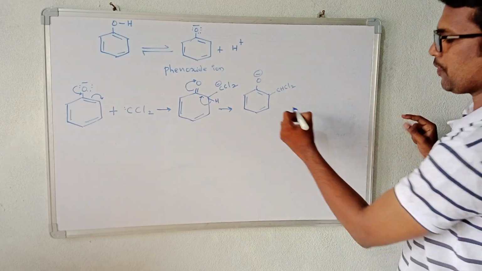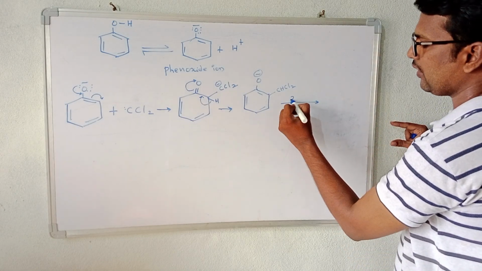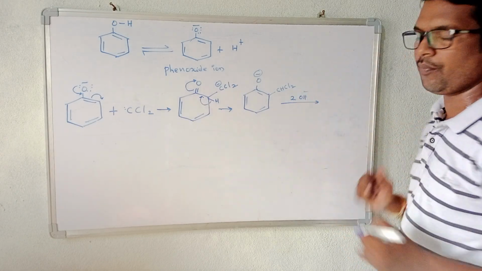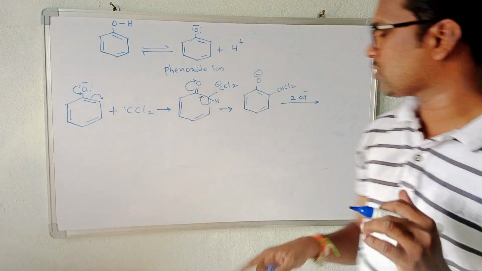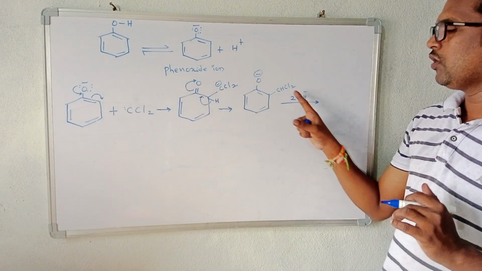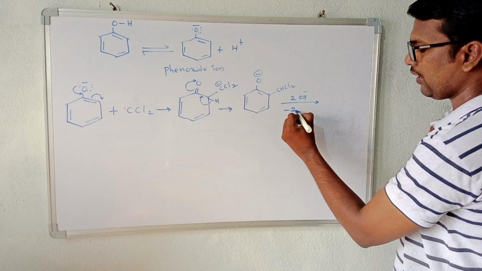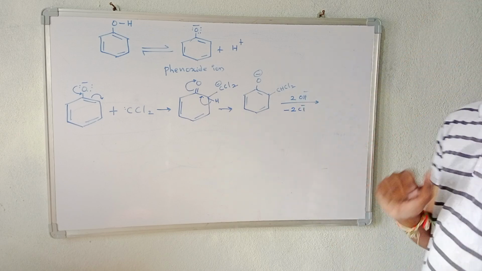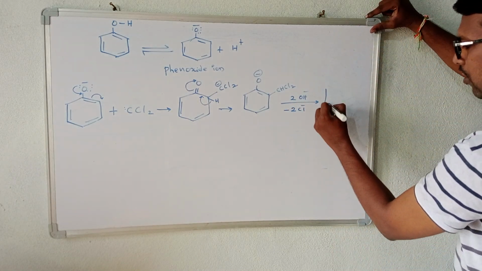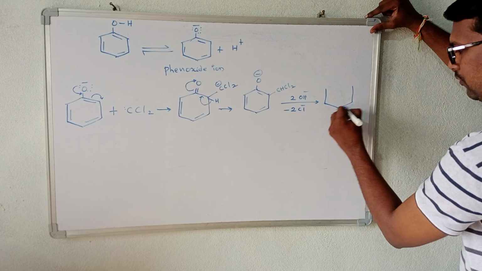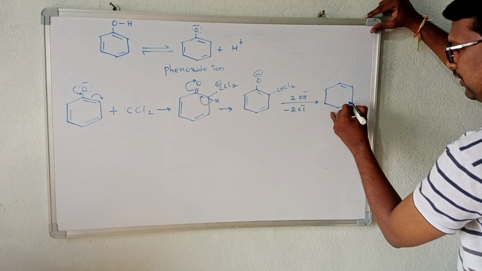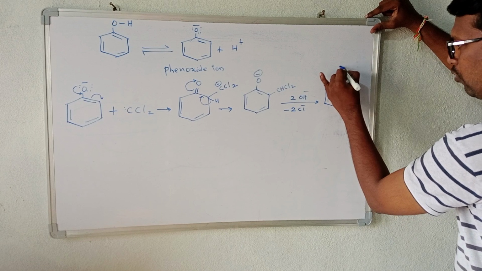Here CHCl2 is present. After formation of this, it is reacted with 2 moles of base. On reaction with 2 moles of base, in place of 2 chlorines, 2 OH groups are substituted. The chlorines are removed as 2Cl minus. So after this the compound is formed like this. Within the ring, triple bond is present, and O minus.